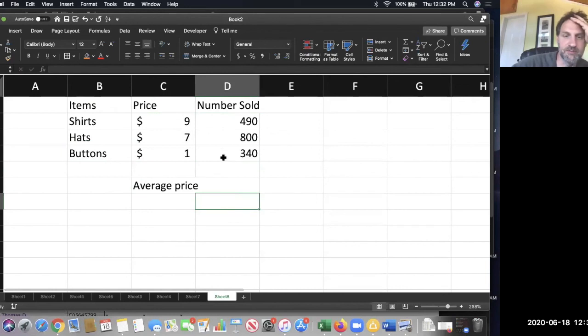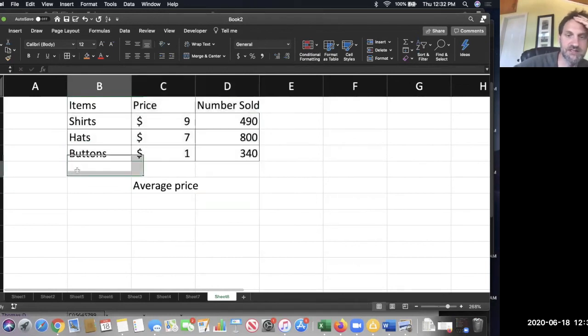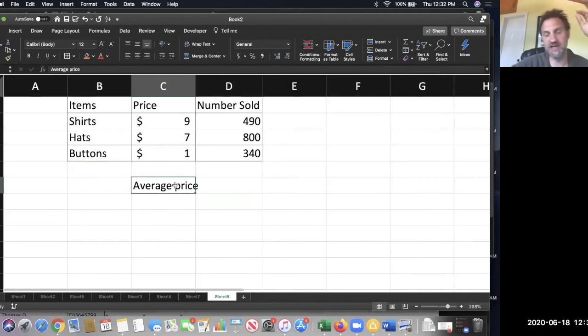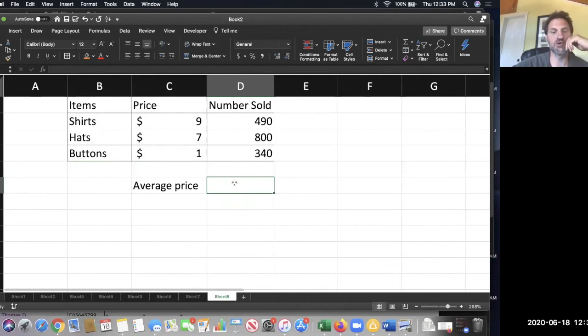This is a pretty common type of question for a test. The information is presented in a table. They ask for the average, but you have to realize because it's presented in a table, you should be thinking in terms of weighted averages, not just adding up 9, 7, and 1 and dividing by 3. That's the kind of trick that they're trying to trick you into. So go ahead and see if you can finish finding the average price.